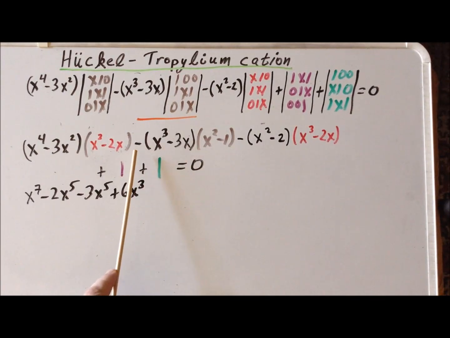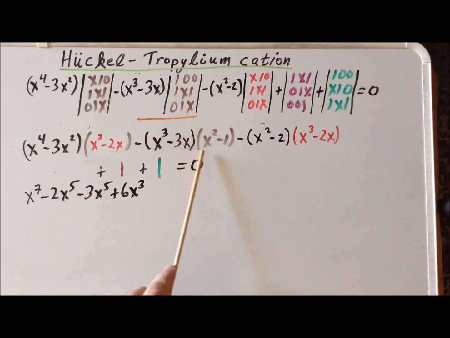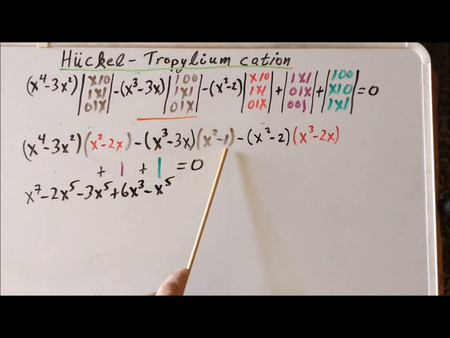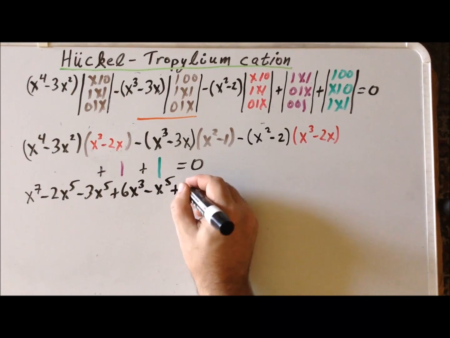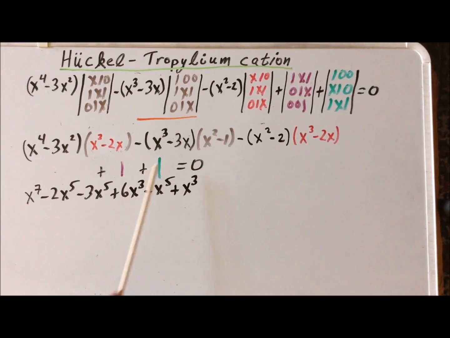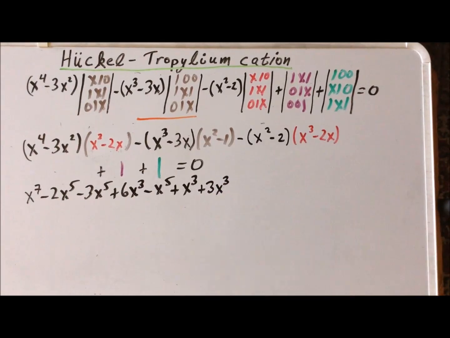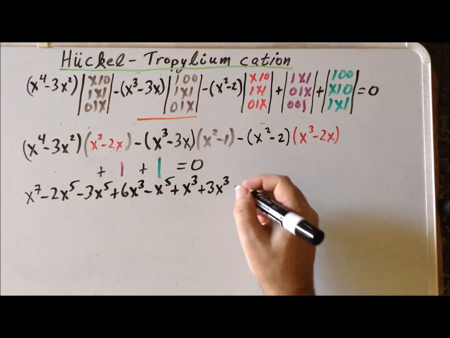So now we have to be very careful because we have the minus sign there. x cubed times x squared is x to the 5th, but the minus sign makes it minus x to the 5th. x cubed times minus 1 is minus x cubed, but the minus sign then makes it a plus x cubed. Minus 3x times x squared gives us minus 3x cubed, but the minus sign makes that plus, so that's plus 3x cubed. Minus 3x times minus 1 is positive 3x, but then this gives us a minus sign again, so that's minus 3x.